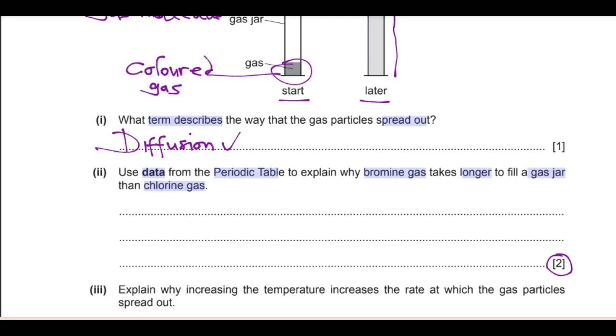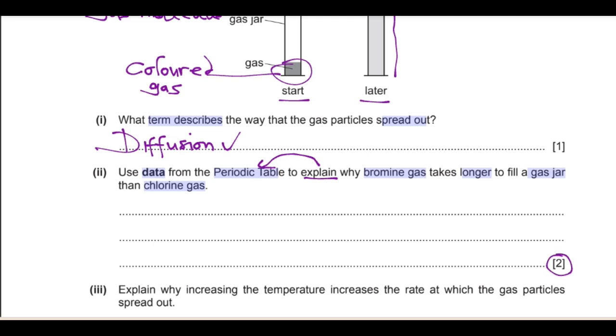And the command word of this question is for us to explain. And our explanation should be related to the periodic table. Organize your points very well before you answer. So let us get 2 marks.